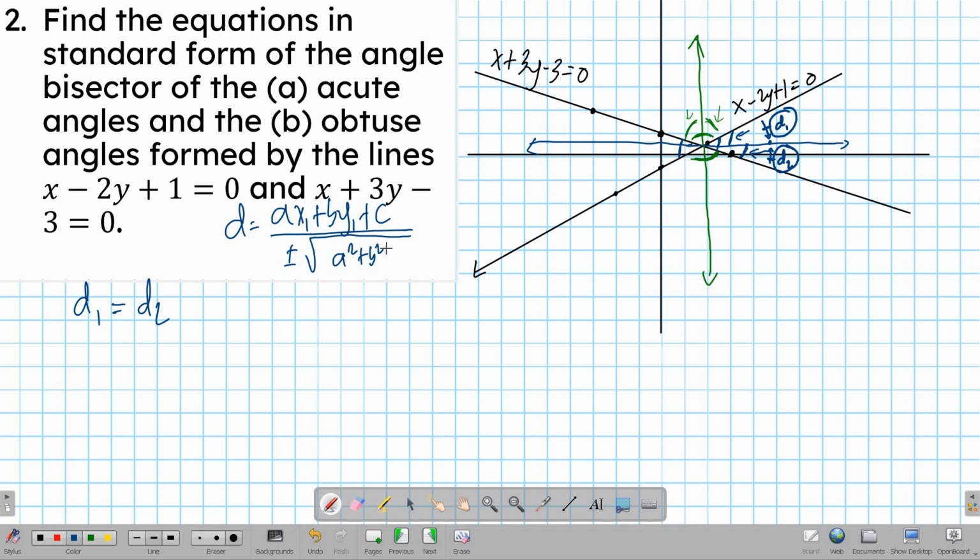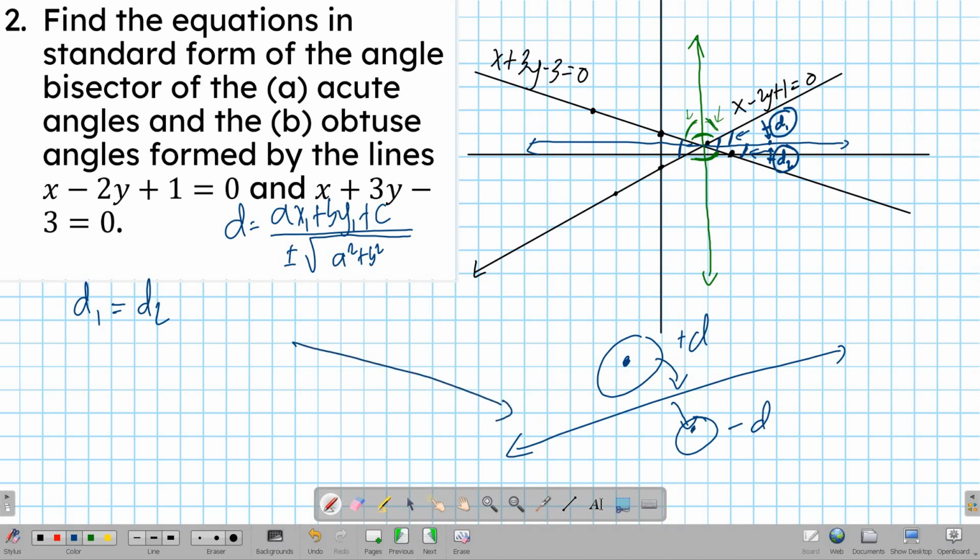Now, we have to consider the fact that this is a directed distance. We said in the previous video that if the point is above the line, then this is a positive distance. But if the point is below the line, this is a negative distance.